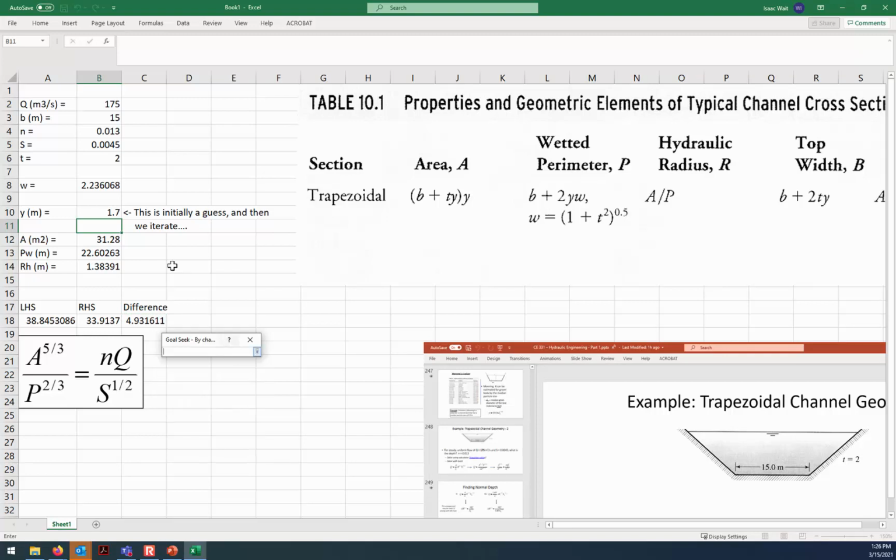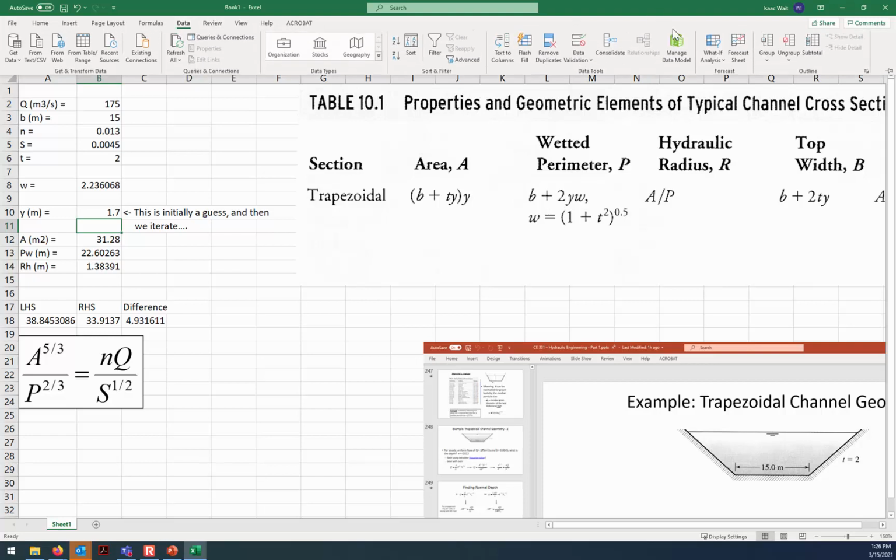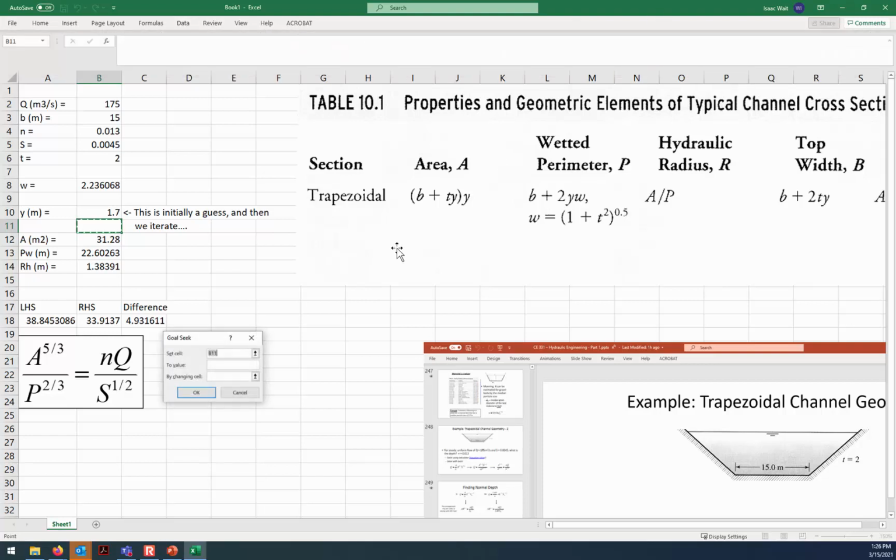by changing the depth. Okay, so as soon as I click OK, in the blink of an eye, it's going to play around with a bunch of different possibilities, and it finds, oh, did I not tell it to keep the solution? I got to do it again. Goal seek, set the difference to a value of 0 by changing the depth.